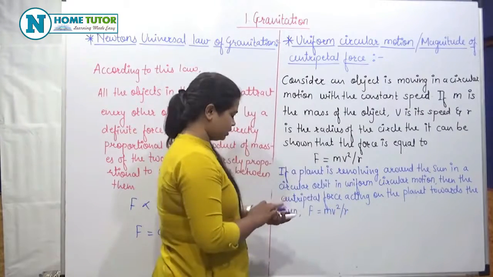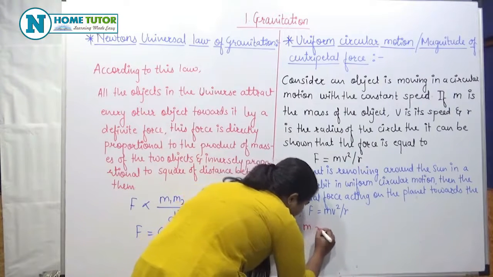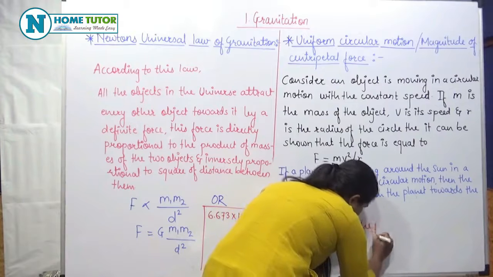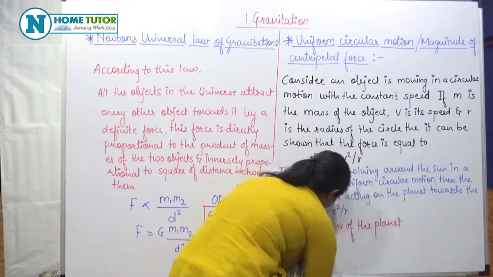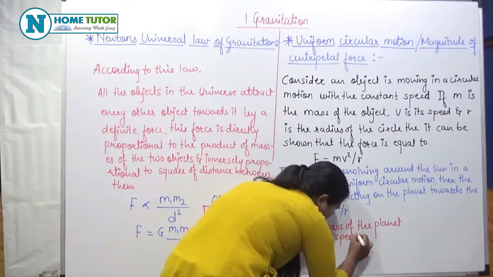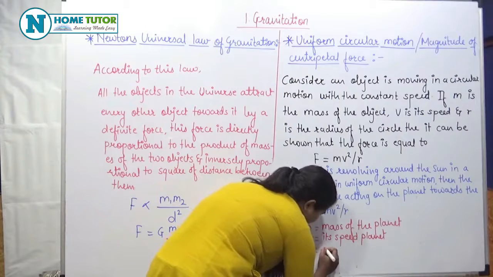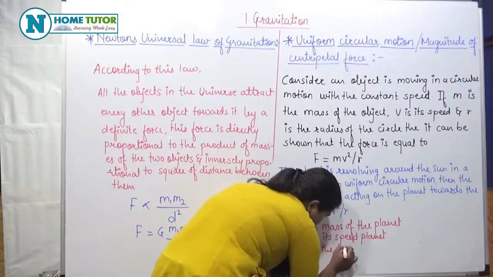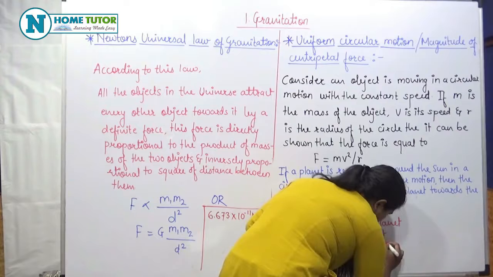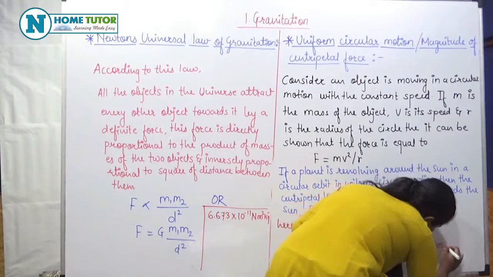Now here m is the mass of the planet, v is its speed, or the speed of the planet, and r is the distance of the planet from the sun.